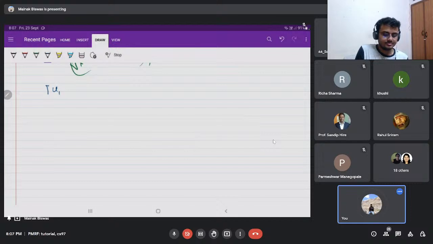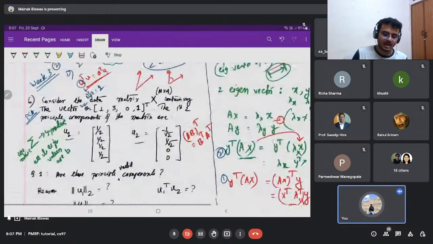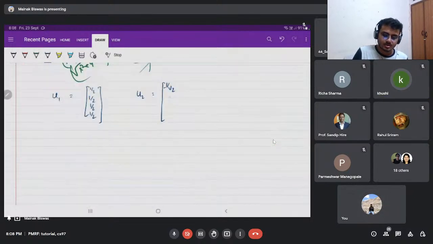U1 is equal to (1/2, 1/2, 1/2, 1/2), and U2 is equal to (1/√2, 0, -1/√2, 0).